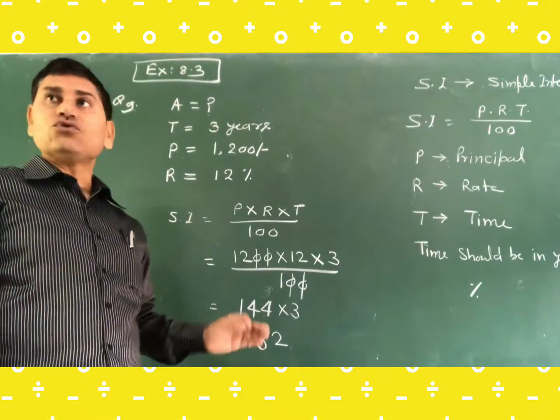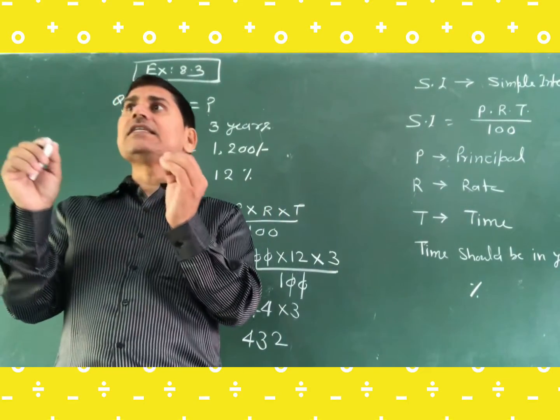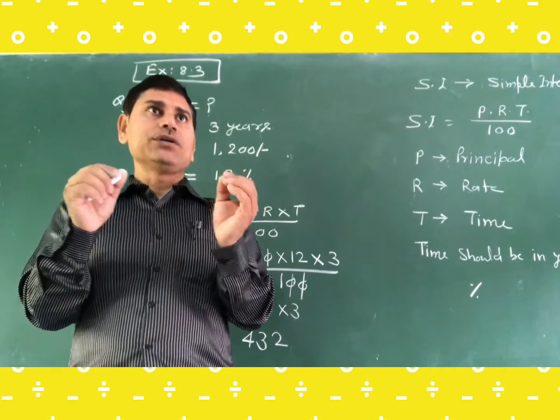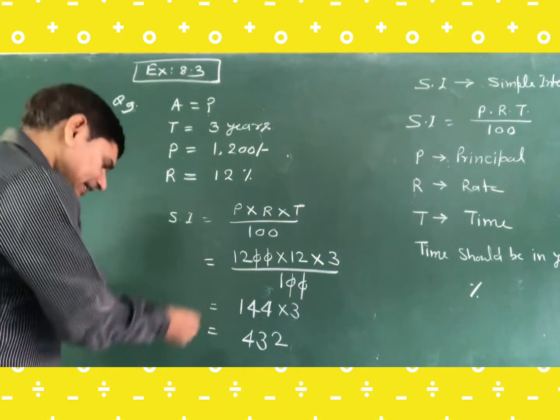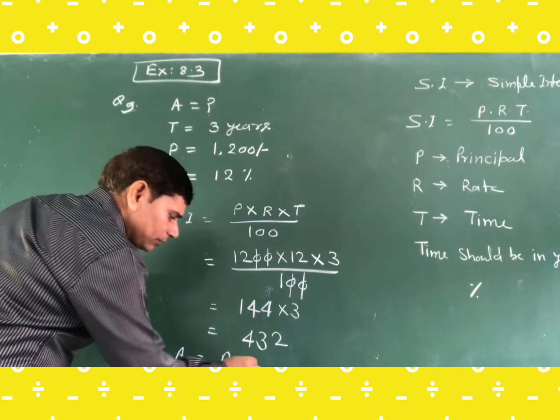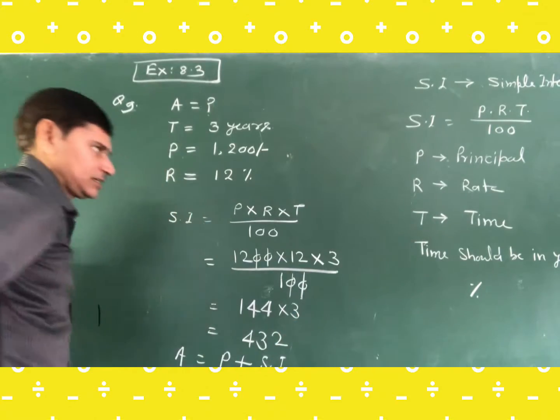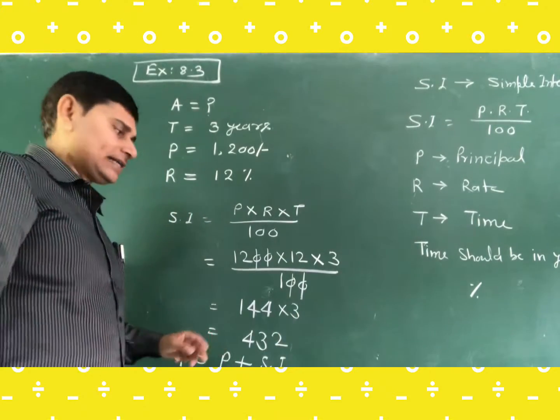Now the question says to find the amount, not the interest. So how can you find the amount? Yes, principal plus interest. Very good. Amount equals principal plus simple interest. So you will add these two.